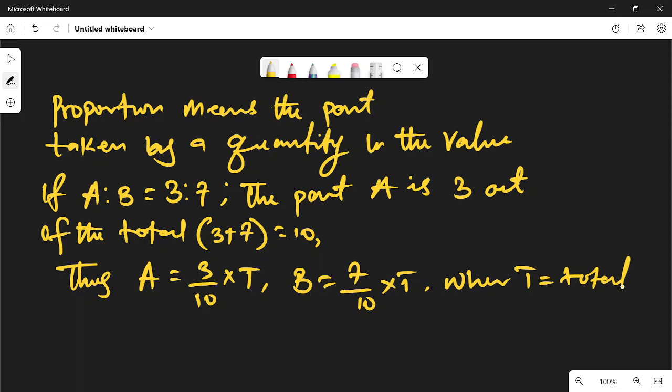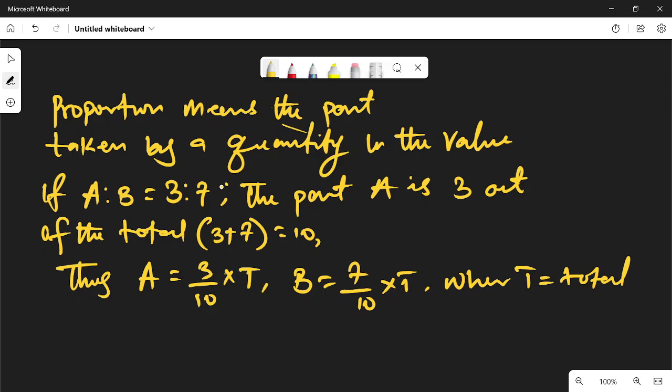Let me break this down so that you understand. When somebody says proportion, what it means is: what is your own proportion? That is, what amount are you taking out of this?